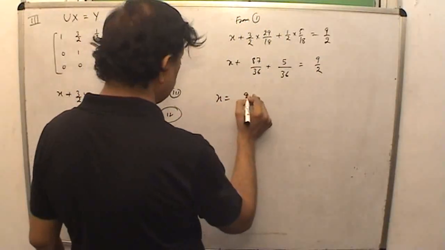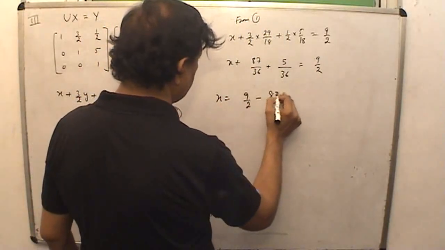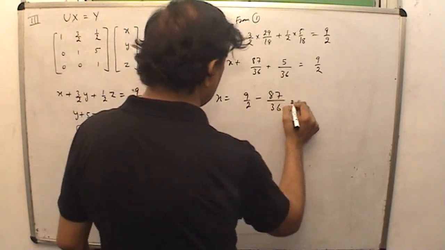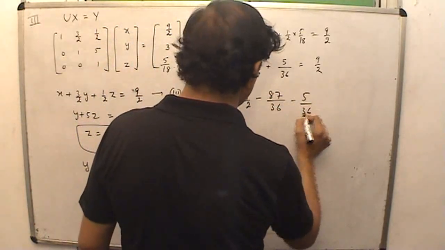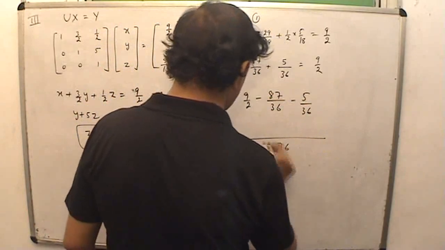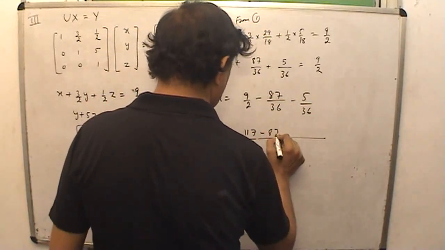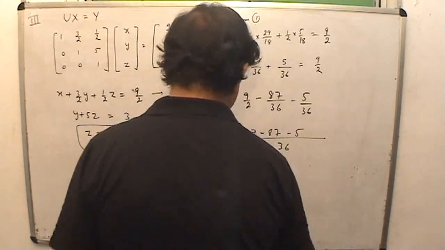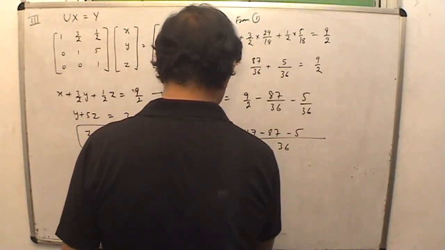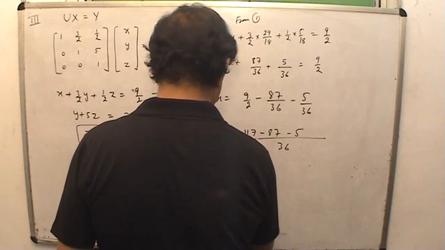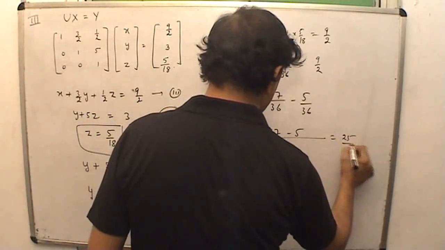So x is equal to 9 by 2 minus 87 by 36 minus 5 by 36. And we can solve it: 117 minus 87 minus 5, that is equal to 25 divided by 30.